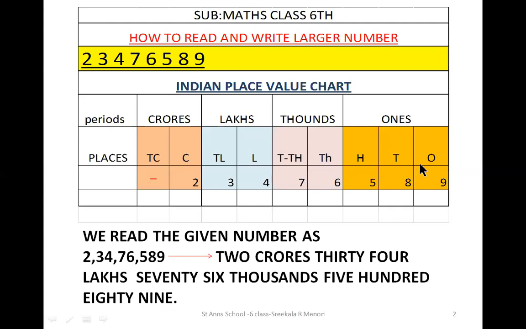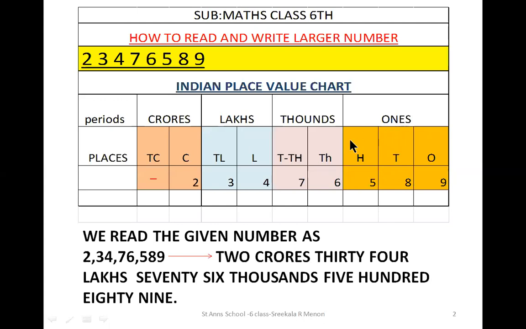We can notice that the first 3 places, that means ones, tens, and hundreds, form the ones period.